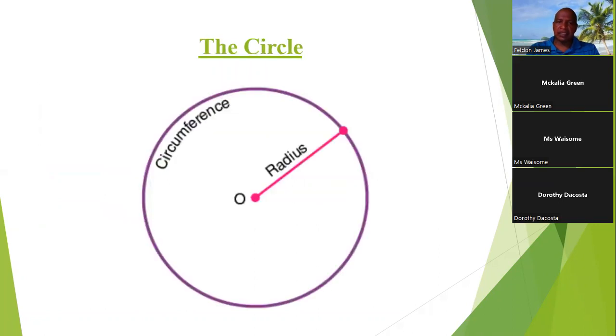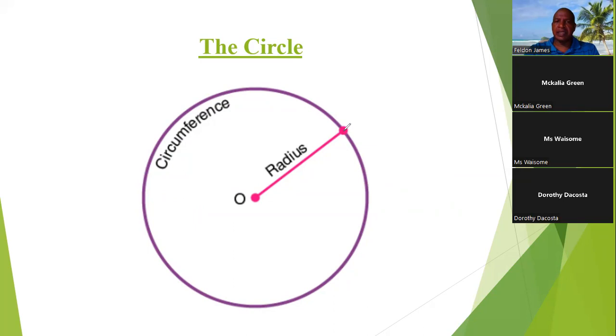And this is what it looks like. So here at O, we would have the center. And then that line that goes from that center gives you the fixed distance, and the length of that distance is the radius.